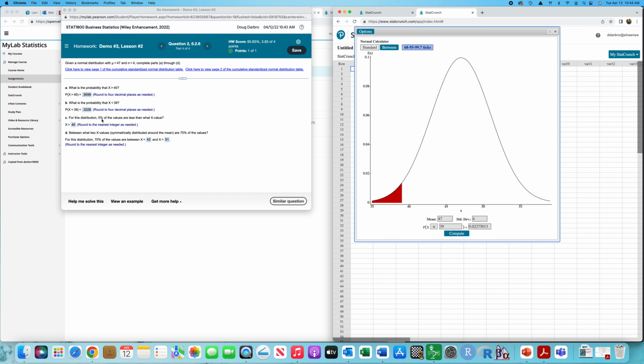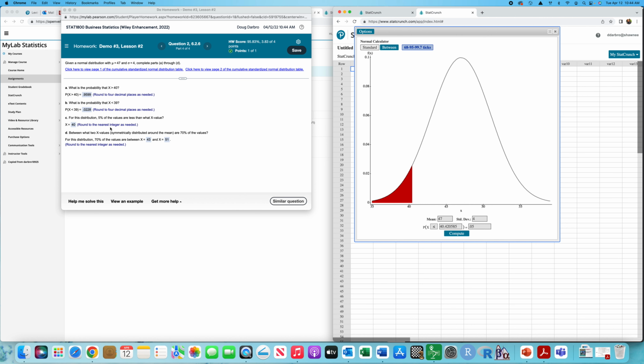For this distribution, 5% of the values are less than what x? Well, this is asking us to find this value, where the 39 is, by putting in a value for the percentage. So what I need is 5% less, so I need to put a 0.05 here, and work backwards to calculate the value.